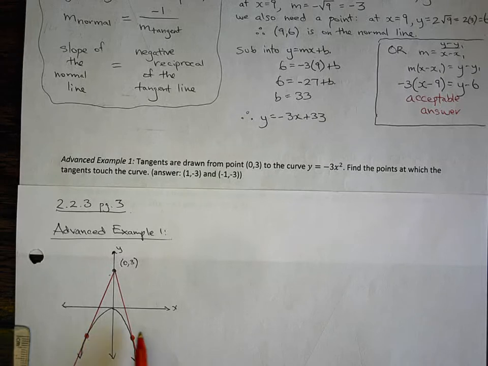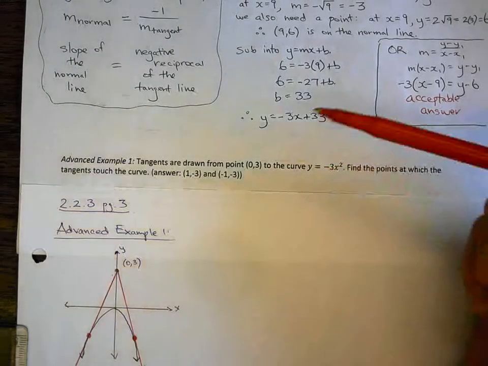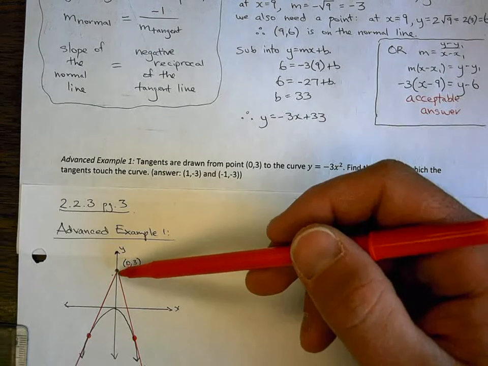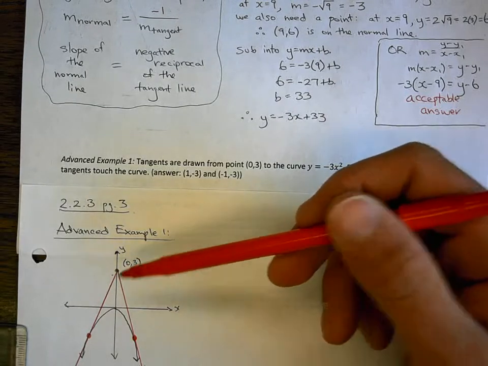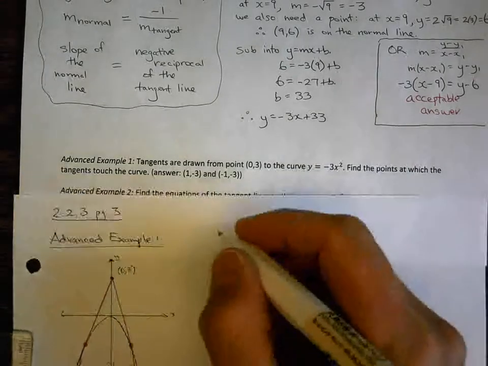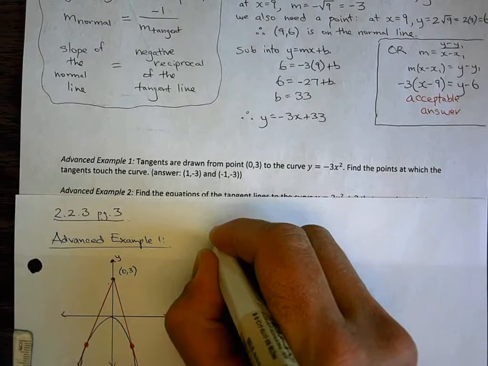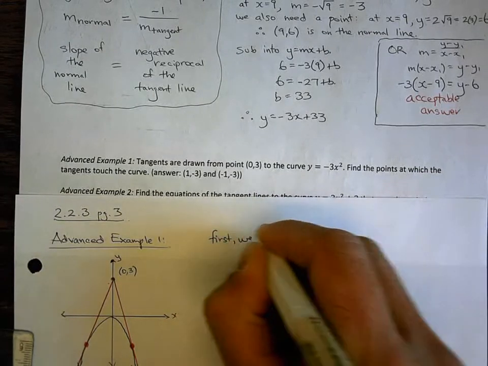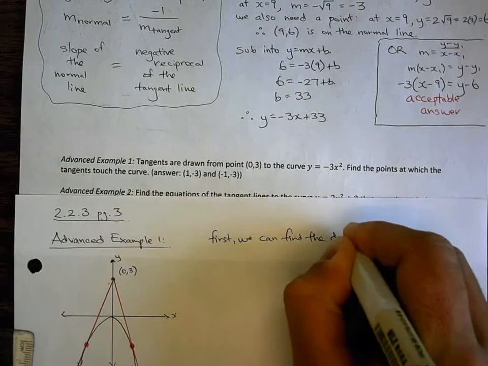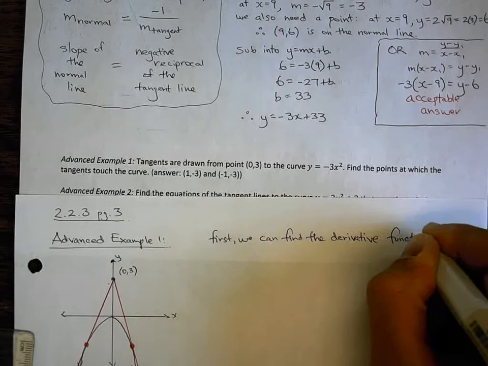What I need to do to solve this question, because I can find the derivative of this curve, but I don't know exactly how that links up with the point (0, 3). I guess I could show you that. Let's start with that. First, we can find the derivative function. Or just the derivative, we would say.